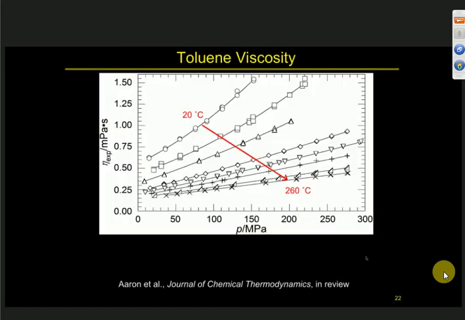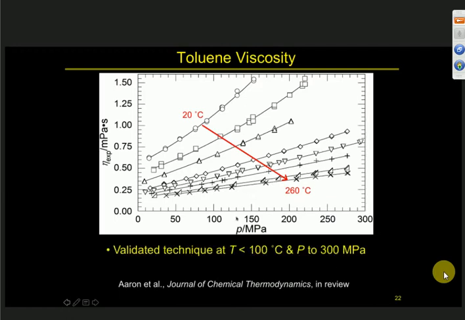And this graph shows the viscosity of pure toluene with respect to pressure, with pressure on the x-axis and viscosity on the y-axis, from 20 degrees centigrade to 260 degrees C. These are all different temperatures, going from 10 megapascals all the way to 300 megapascals. We also submitted this to the Journal of Chemical Thermodynamics, and it is still in review.